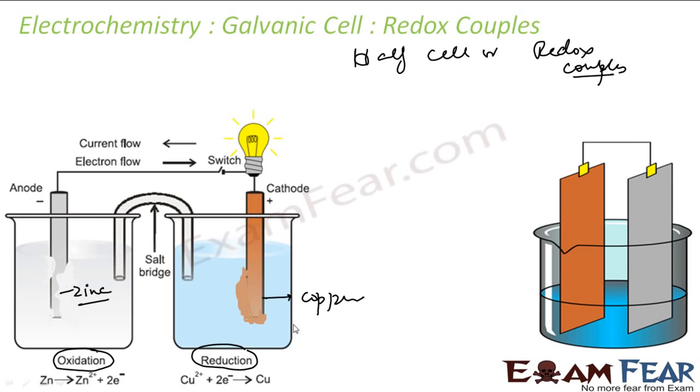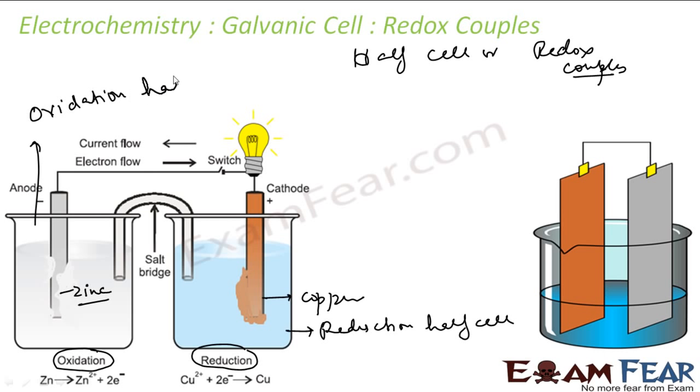This copper one is called the reduction half cell because reduction is happening here, and this zinc one is called the oxidation half cell. Correct.